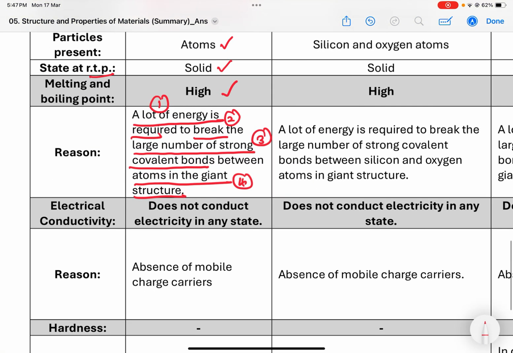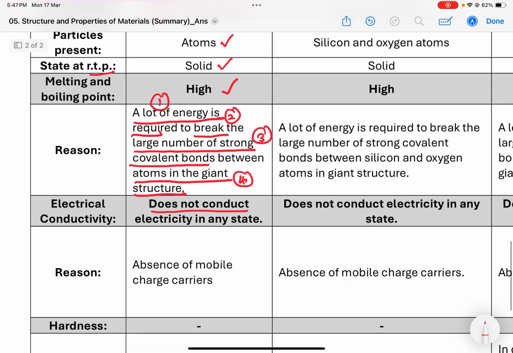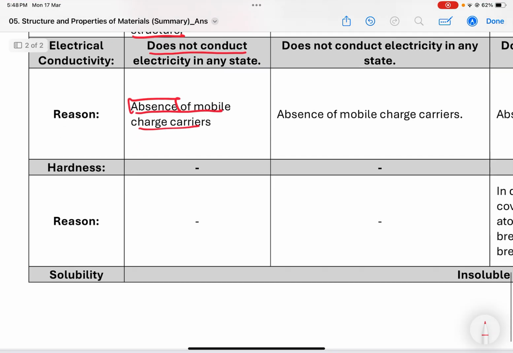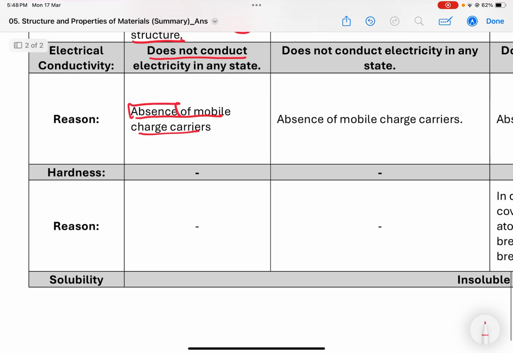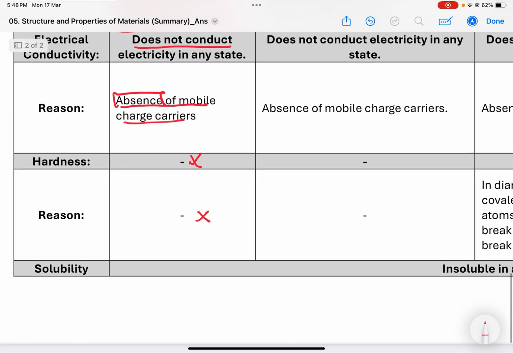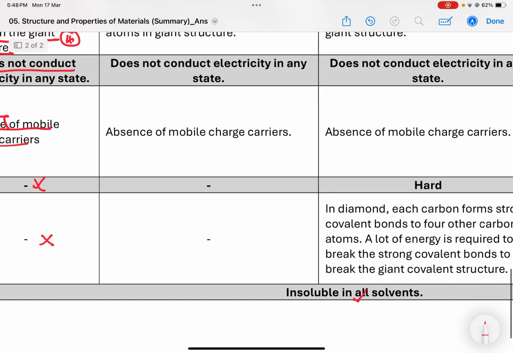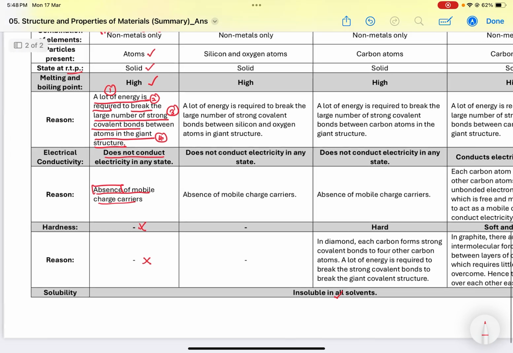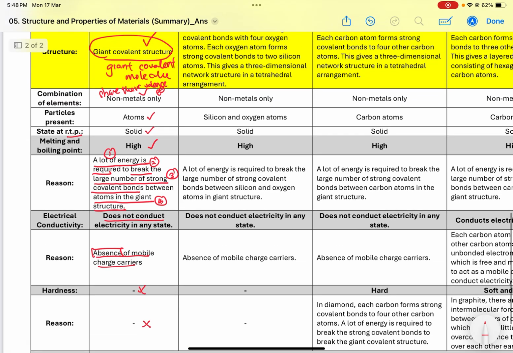In terms of electrical conductivity, they do not conduct electricity in any state because they have an absence of mobile charge carriers. Hardness we don't need to worry too much about. For solubility, they are insoluble in all solvents, whether organic or water. So that's the general giant covalent structure.